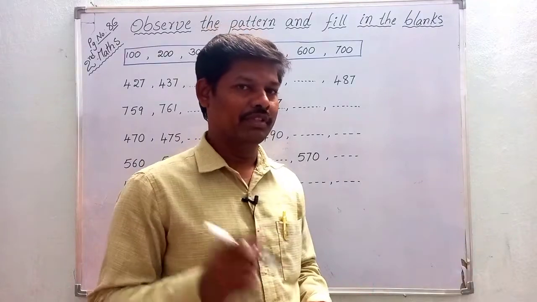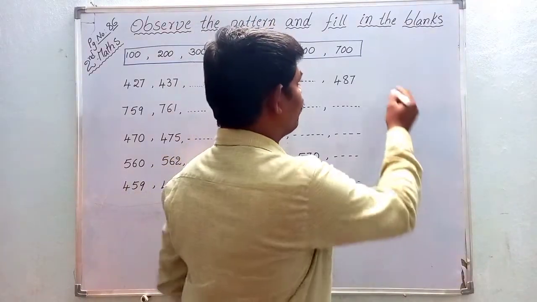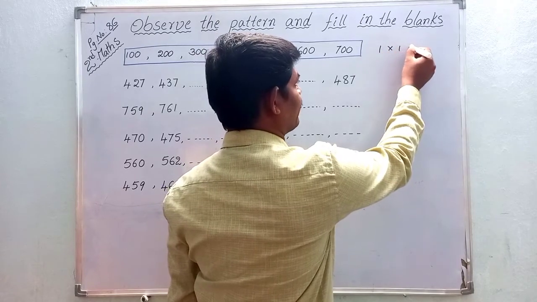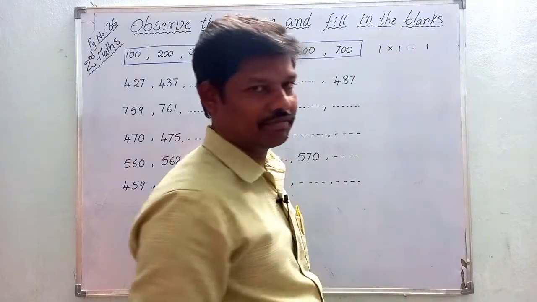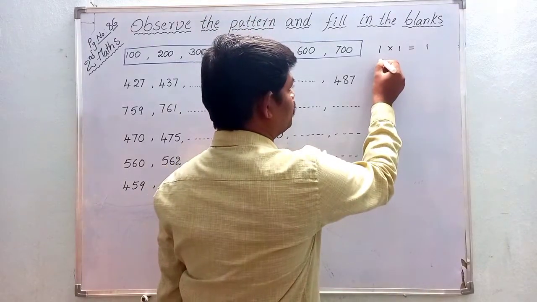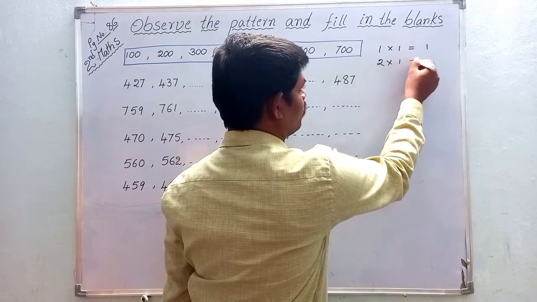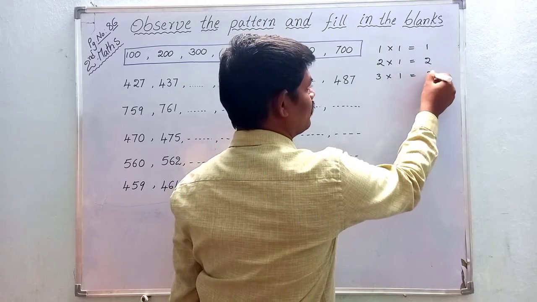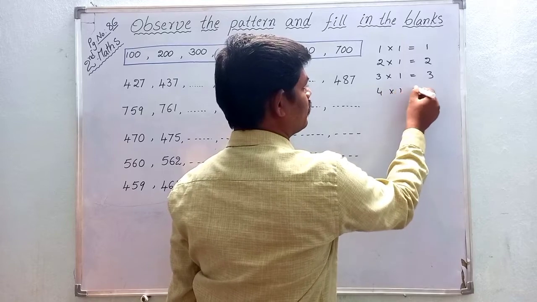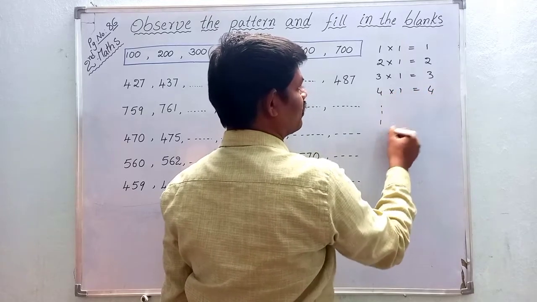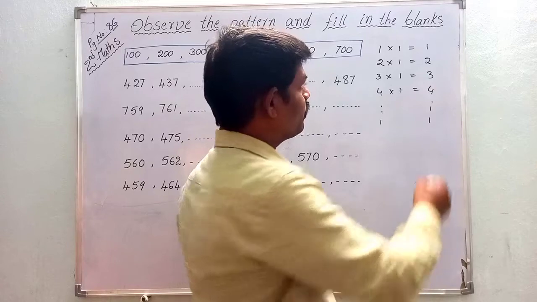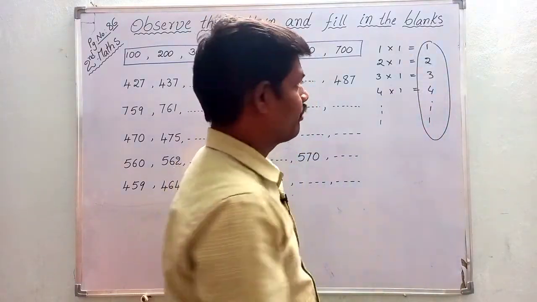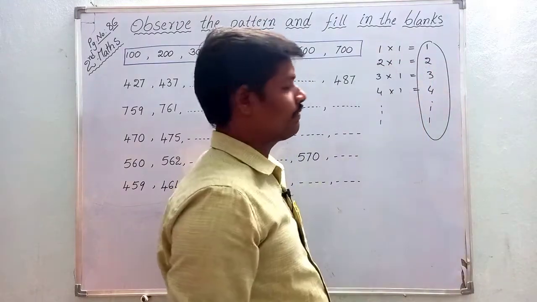Observe the pattern of the first table. In the first table, 1 one is 1, 2 ones are 2, 3 ones are 3, 4 ones are 4, and so on. Observe these numbers.